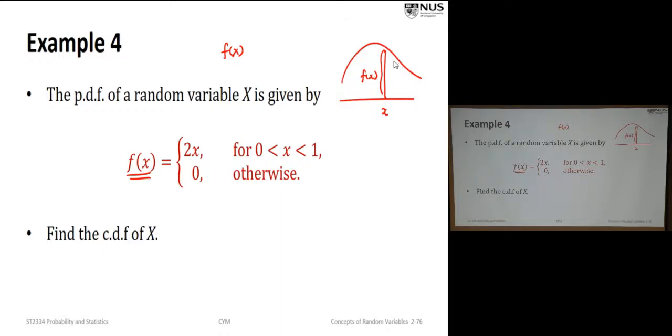The density times the width delta x will give you the probability of x between x and x plus delta x. This is the probability that x falls within that small interval.